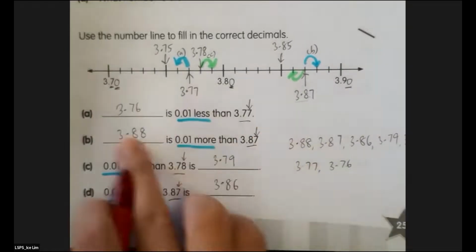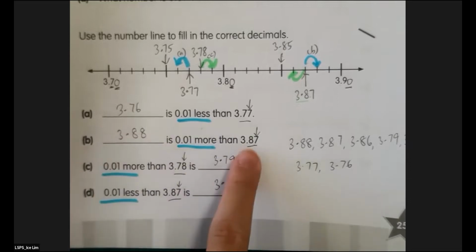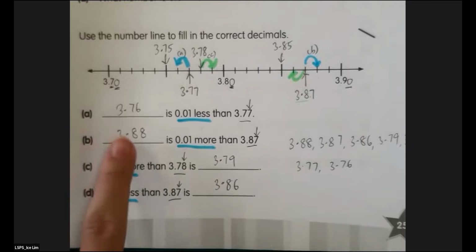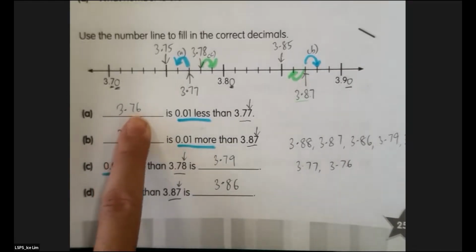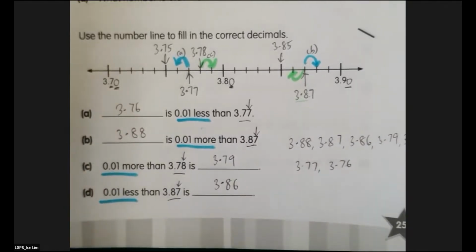If I arrange all the numbers that are given here, 3.88, 3.87, 3.86, 3.79, 3.78, and 3.76 in decreasing order. Now, I've just explained the first two methods.